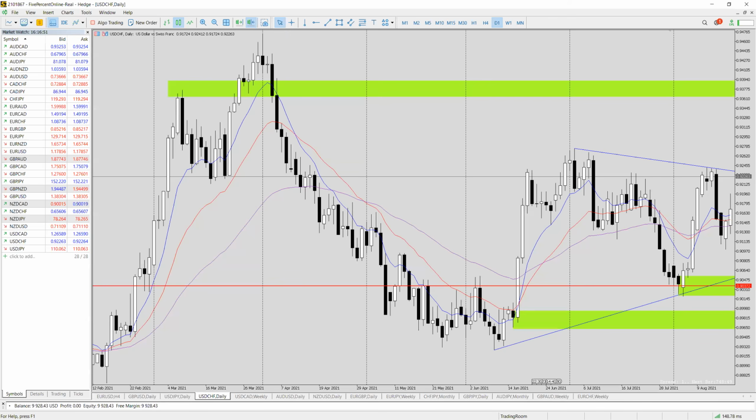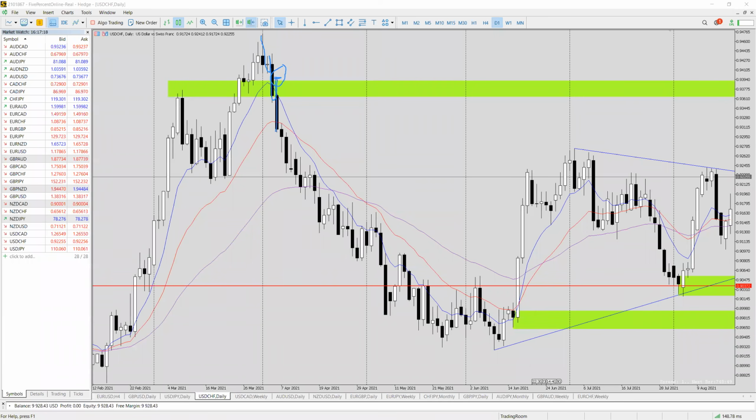Let me just annotate. Around here, you can see that it started going down, hesitation, breakdown, and then it went up. And this is the last point here before it broke very strongly.